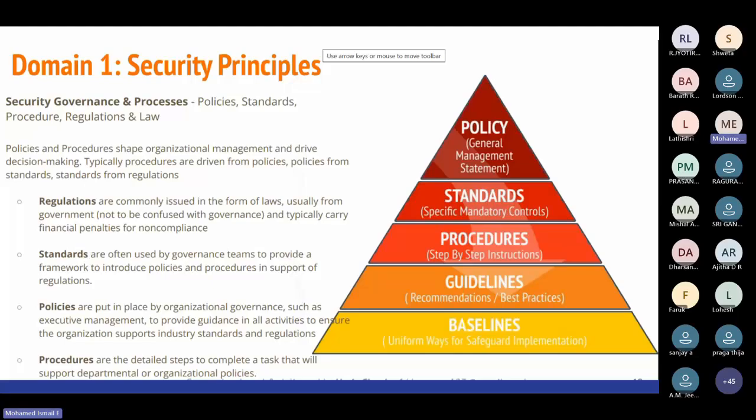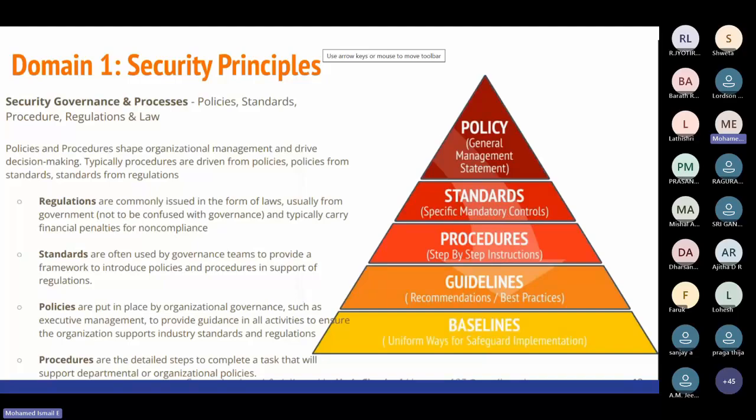Then standards, which are mandatory controls. For example, you need to encrypt all your communication, or all your websites must be SSL enabled. There is a standard for that. Then policy, which is generally made by the respective management. For example, take a small scale company, maybe the policy would not be that regulatory oriented because they don't have proper policy.